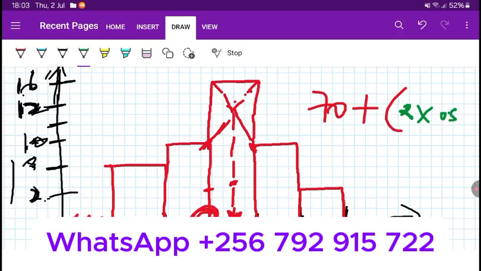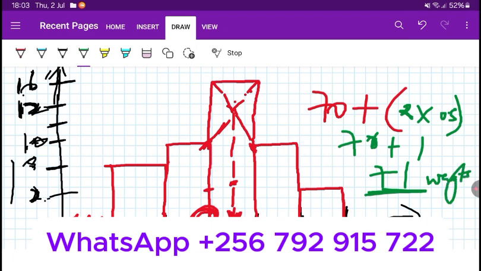If they are 0.5 units, then you multiply and you find that it will be 70 plus a 1, that will give you a 71, which will be our modal weight. So you read the point in here. So that's all to do with the histogram. Of course, you put a title as a histogram showing the weights.